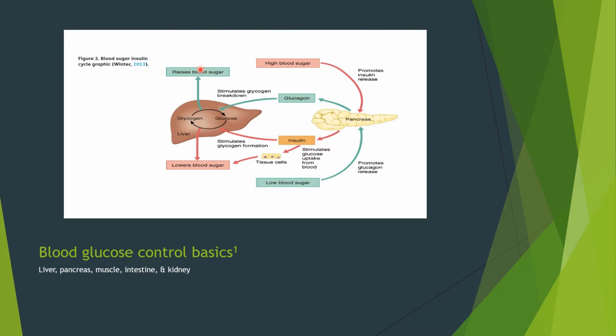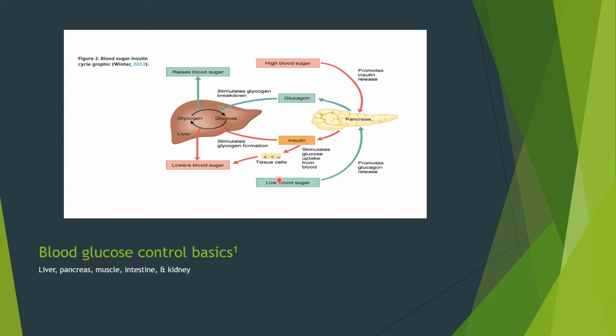So just to sum up, consume carbohydrate. Carbohydrate gets broken down into glucose. Glucose gets absorbed into the bloodstream, increases your blood glucose levels, causes insulin to be secreted by the pancreas. Insulin tells cells that are sensitive to insulin to pull glucose out of the bloodstream to bring that blood glucose down. Then, when we are in a period of fasting, our blood glucose levels begin to drop.